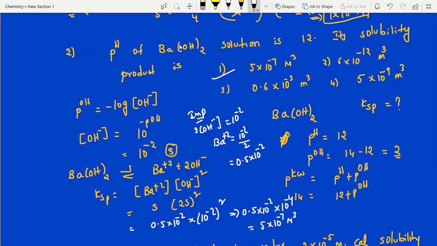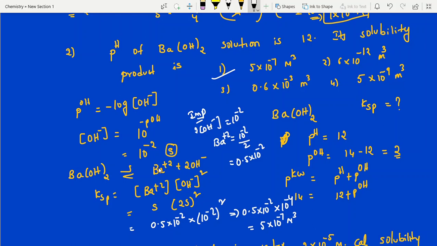It's the solubility of this compound that we have to express and calculate. So KSP equals how? Barium Ba plus 2, and 2 OH minus concentration, you always raise it to the power 2. Then you can substitute, but here the value you take plays an important role. Already explained: this is the total OH minus ion concentration, but how much OH minus ion concentration is in the vessel? 2 moles, right? They react in a 1:2 ratio.